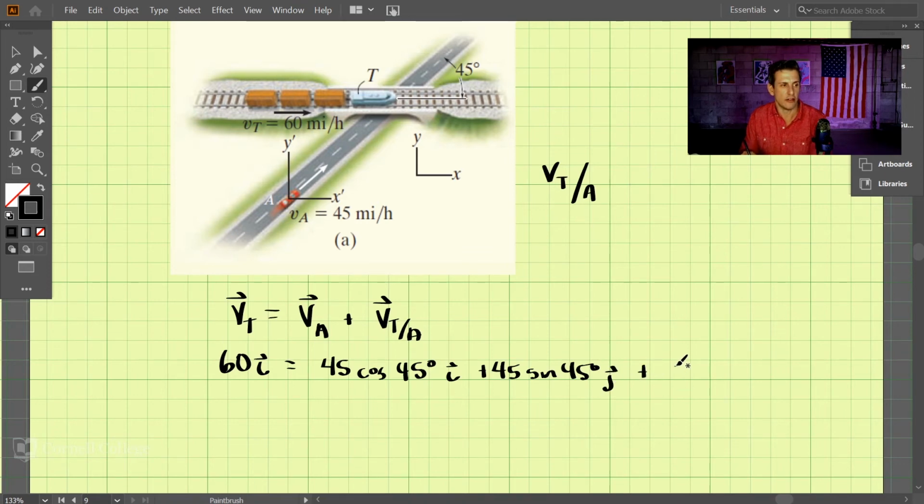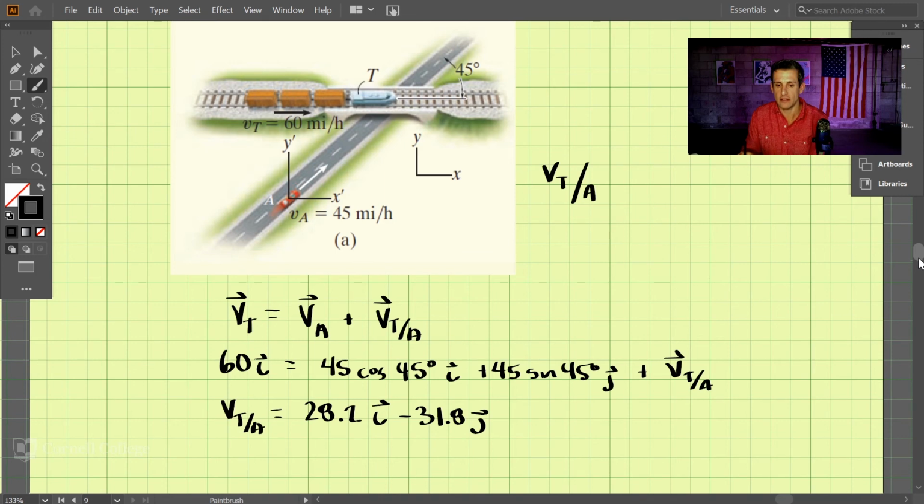And now we're looking for the velocity of the train with respect to the automobile. So subtracting these to the other side, we get the velocity of the train with respect to the automobile is equal to 28.2 in the i direction minus 31.8 in the j direction.